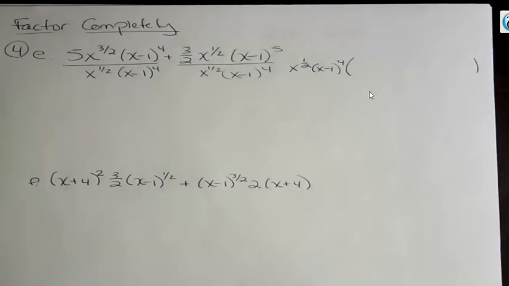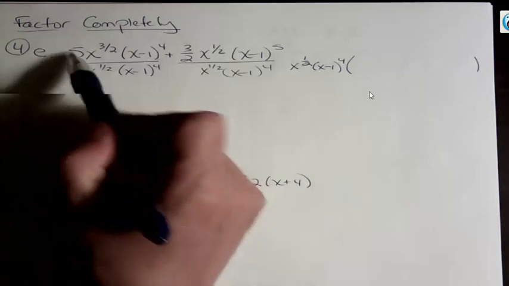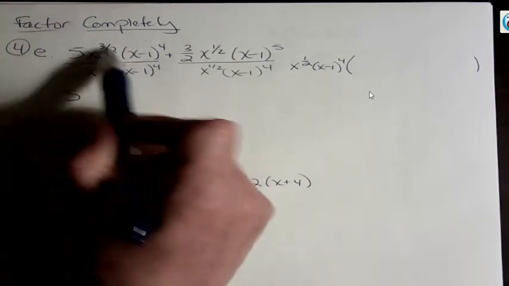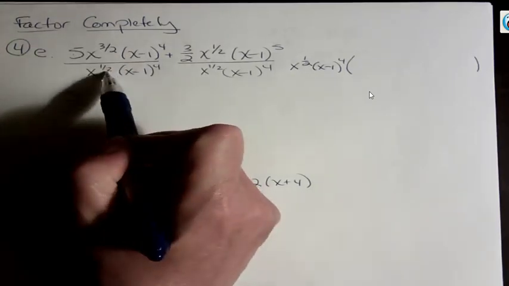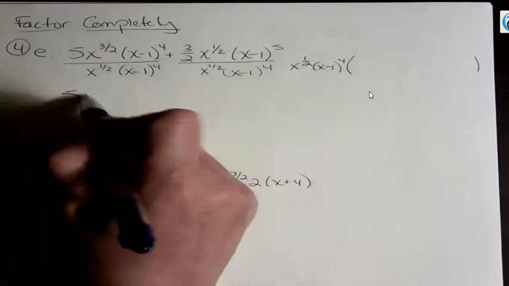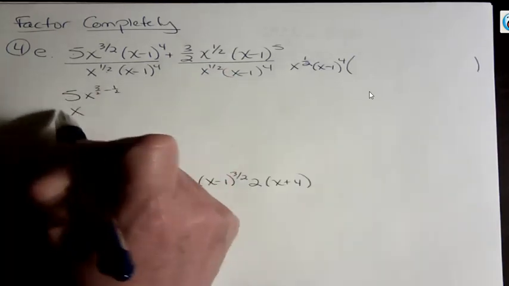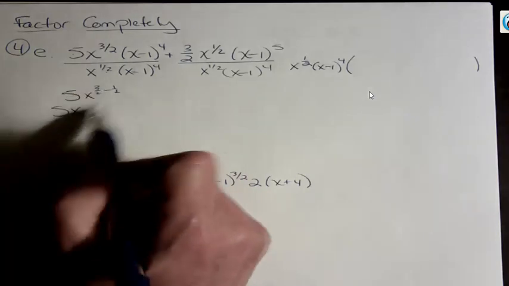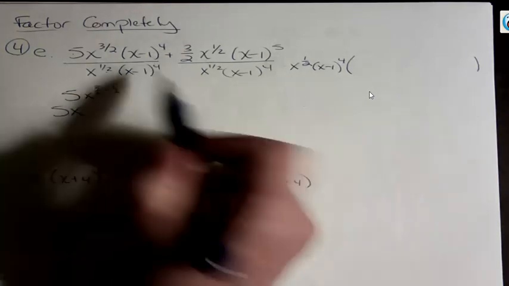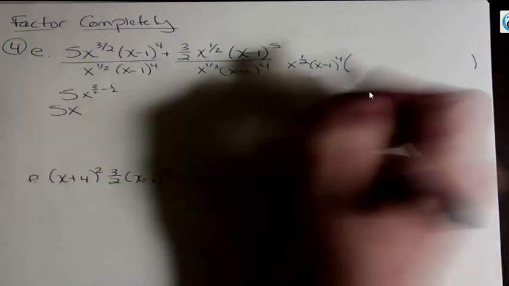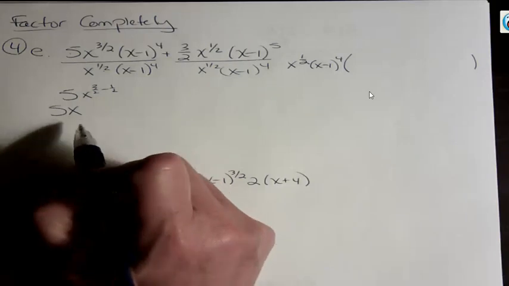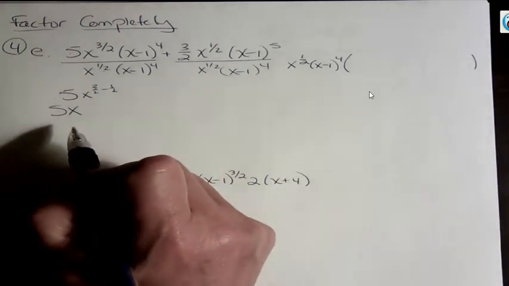Okay, so this is just 5. And 3/2 minus 1/2 is 2/2. So you really have x to the 3/2 minus 1/2, which hopefully you can see would just be 2/2 or x. And these are going to cancel out completely. So for this first term, you have 5x. That's what's going to go in your parentheses over here.